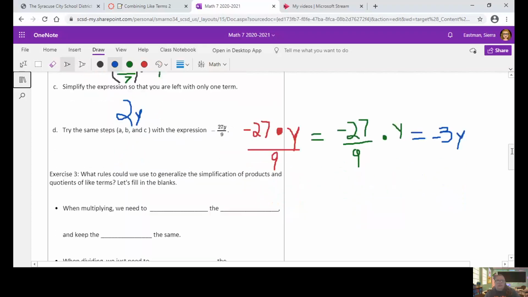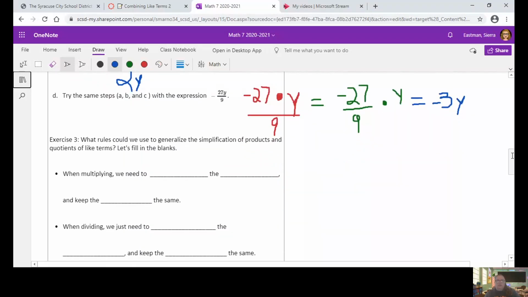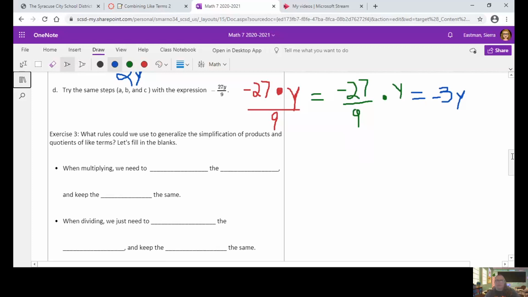Exercise 3 now is just making some observations about the steps that we just did. There are going to be 2 rules that we can use that were very similar to our addition and subtraction rule from yesterday. And we can already see what those rules are going to be, right?